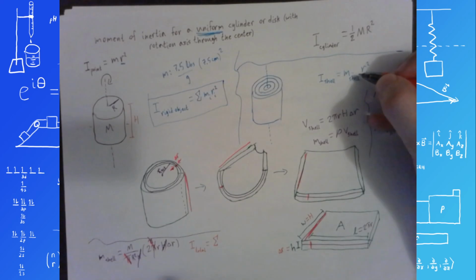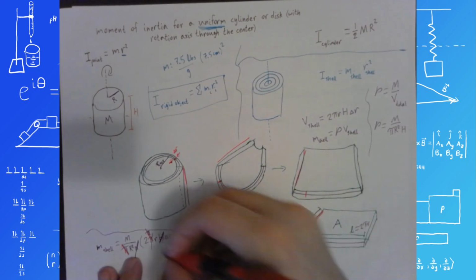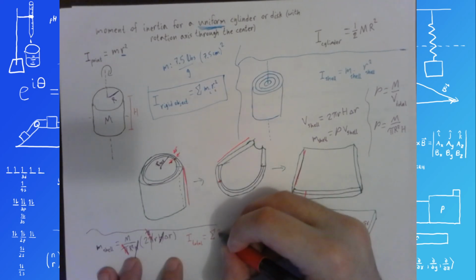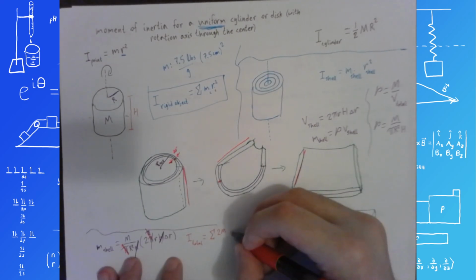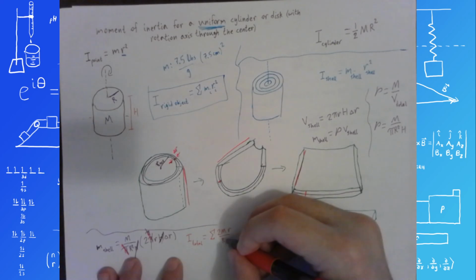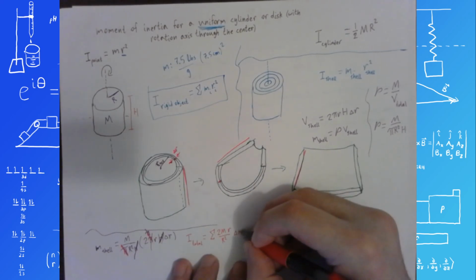The mass of an individual shell is 2M little r over big R squared, and then delta r, that's all that's left.